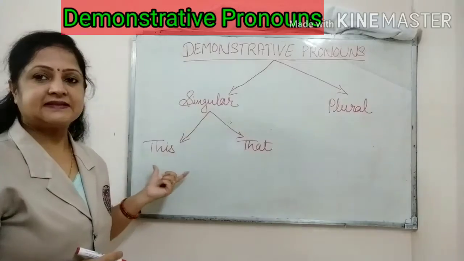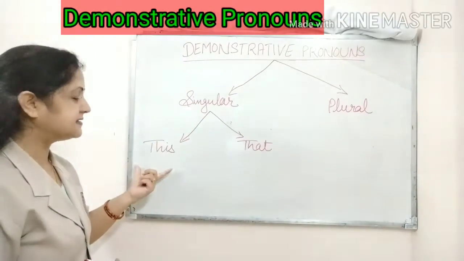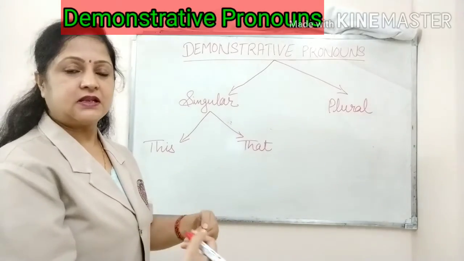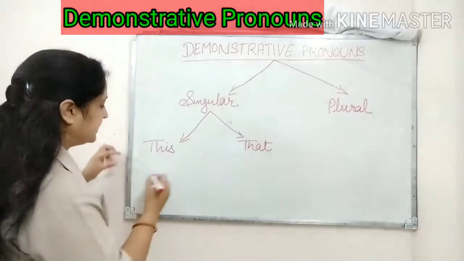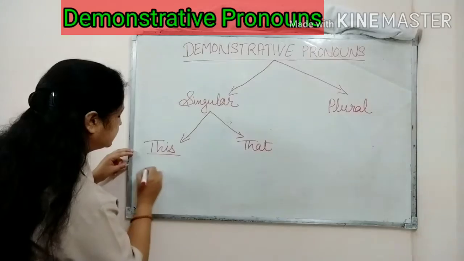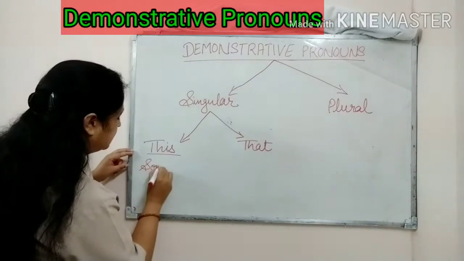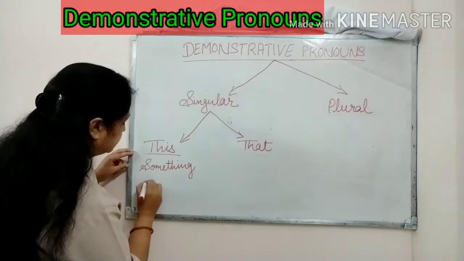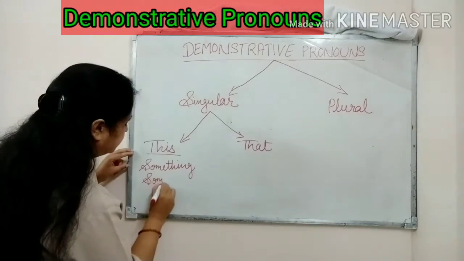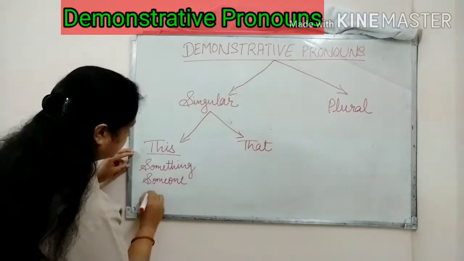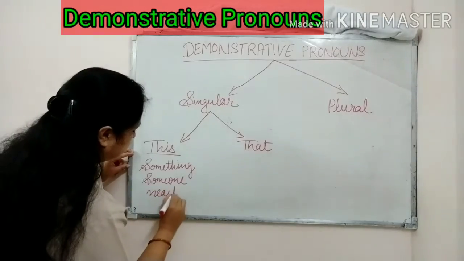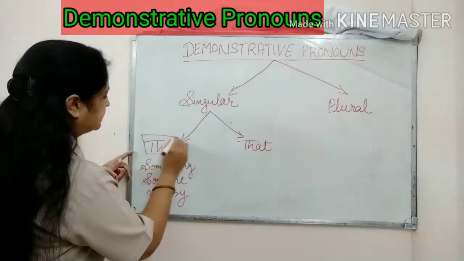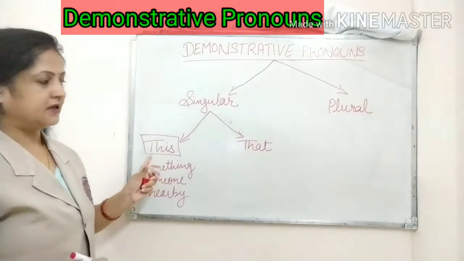So the demonstrative pronoun this is used to refer to something or someone nearby.